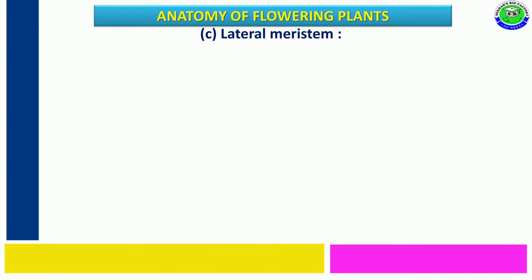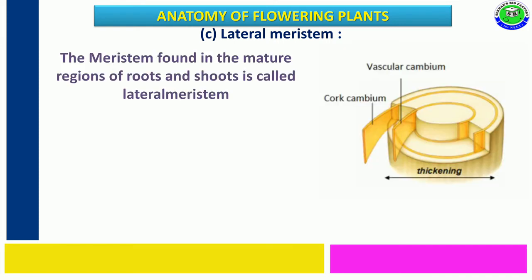Along with that, we have one more type of meristem. An example of secondary meristem is lateral meristem. The meristematic tissue found in the matured region of root and shoot is called lateral meristem.